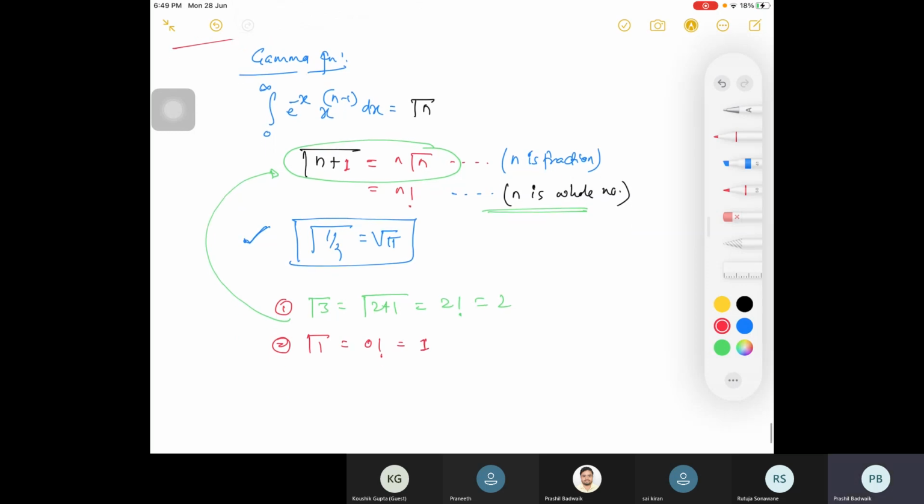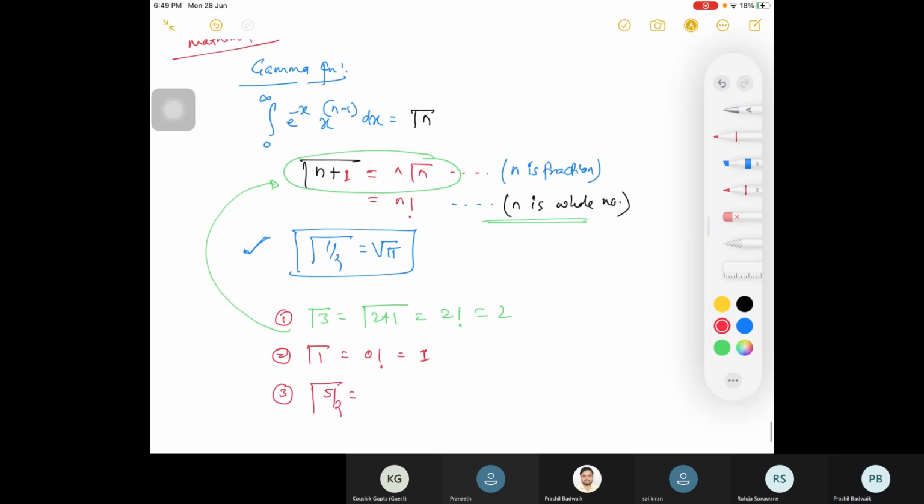Can you guys please tell me what is your gamma 5 by 2? This is in fraction, right? So you need to use this formula. Here n is in fraction, so please break it down into your n plus 1. So it is 3 by 2 plus 1, and you know what this is? n gamma n. If it is in fraction, you will have 3 by 2 gamma 3 by 2, right?